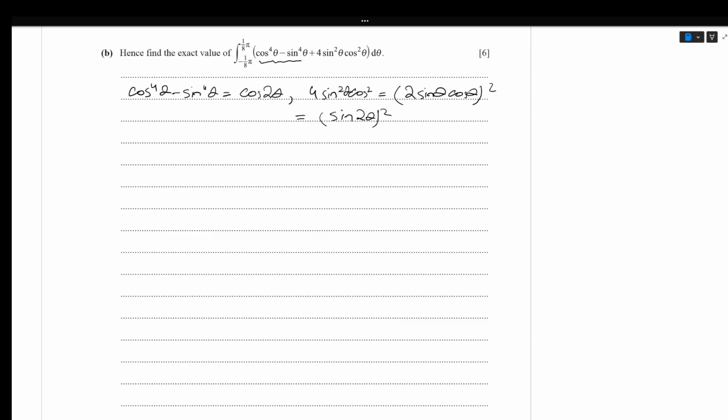Okay, so the integral we are solving is from negative pi by 8 to pi by 8 of (cos 2 theta plus sin 2 theta) squared d theta.